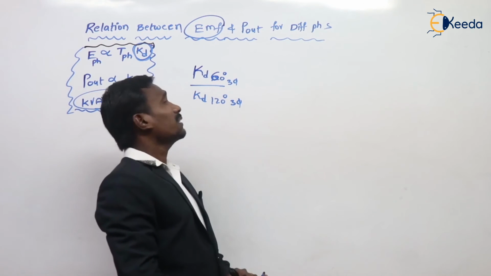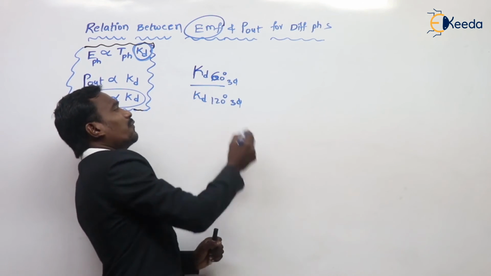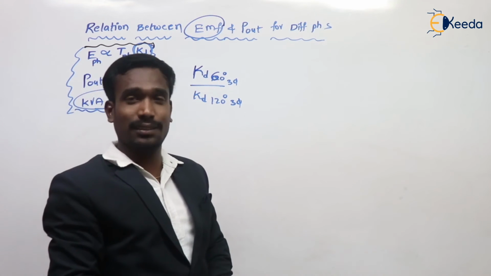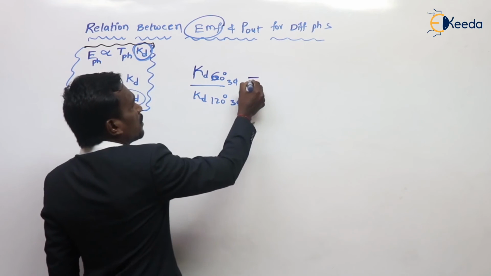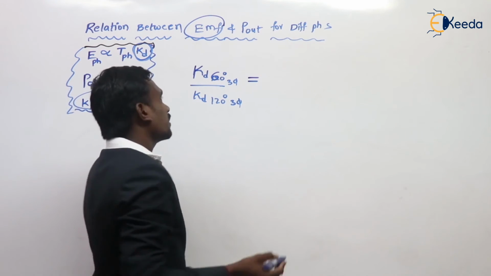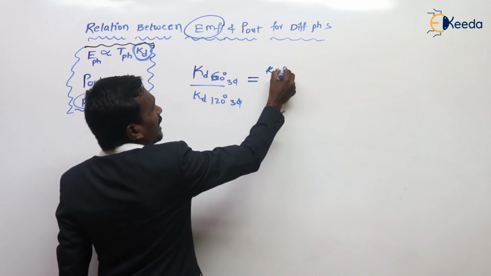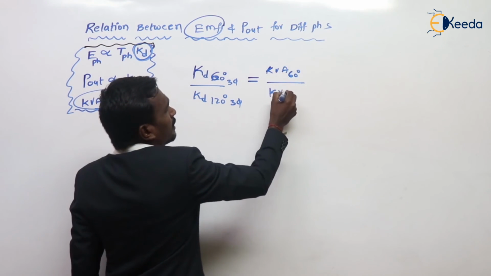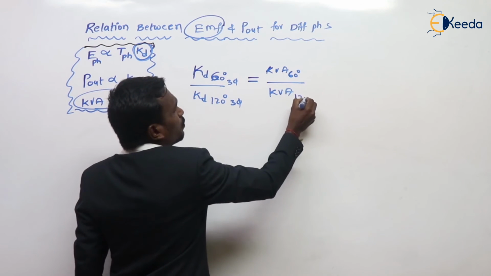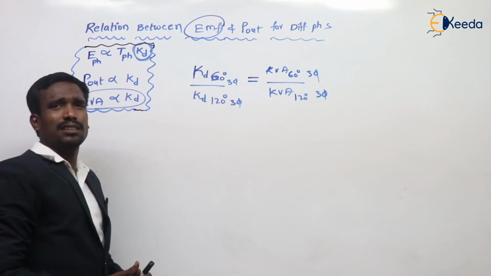They mention that both are 3-phase, but here the phase spread is 60 degrees and here the phase spread is 120 degrees. But 3-phase, no problem. They may ask you a question like this also: the KVA for 60 degrees upon KVA for 120 degrees, 3-phase and 3-phase.